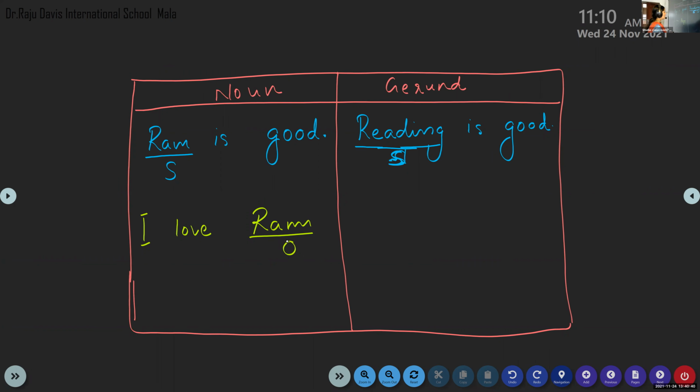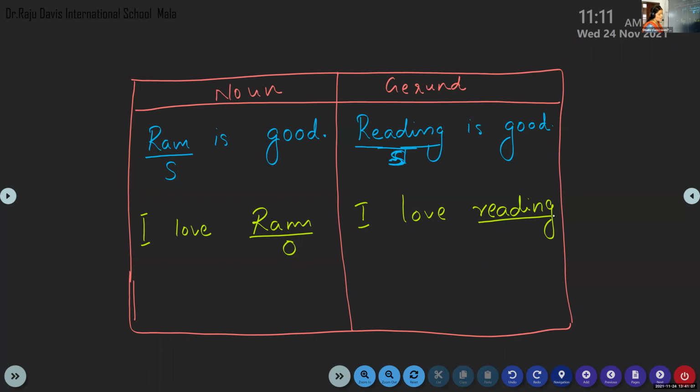So I am going to use the same gerund in the position of an object. I love reading. Very good. See, gerund we used in the position of an object in the form of a noun. Write this down. I request everybody to copy this.